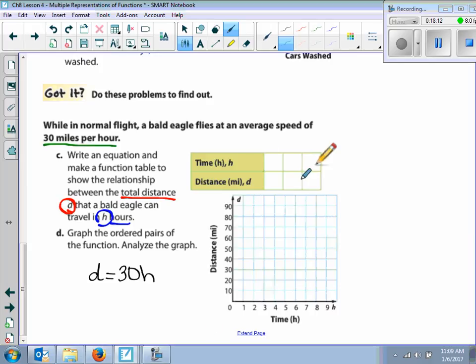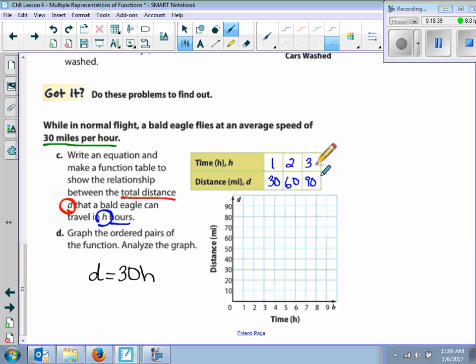And then we're going to choose numbers to put into the function table. So let's choose 1 hour, 2 hours, and 3 hours, okay? So 30 times 1 gives me 30. 30 times 2 gives me 60. And 30 times 3 gives me 90.